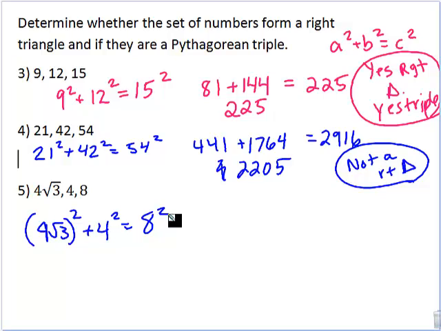Some ridiculous number. Is it 8? No. Oh, 12, I lied. No. 4 square root of 3 squared. You didn't put this all in parentheses, though. The whole thing needs to be in parentheses.